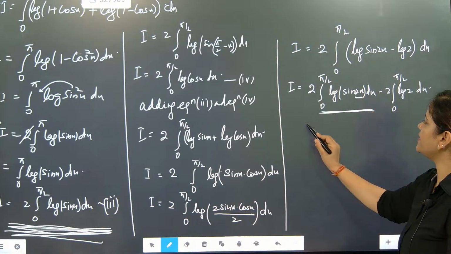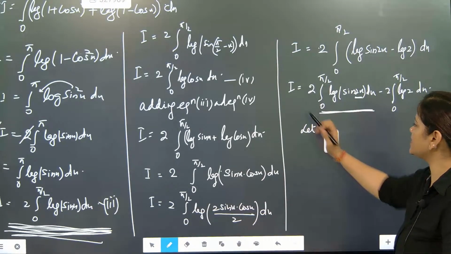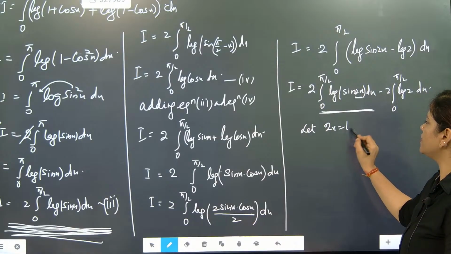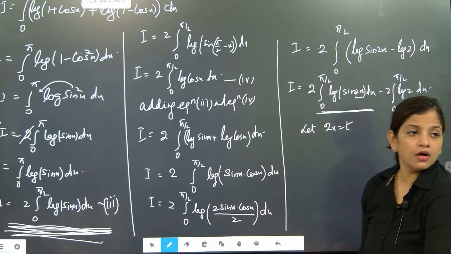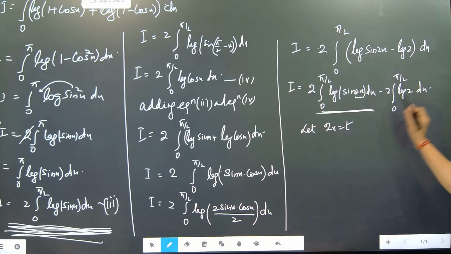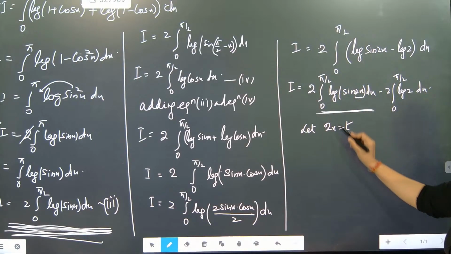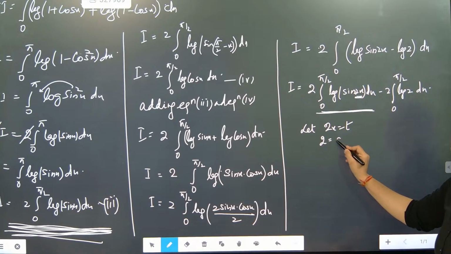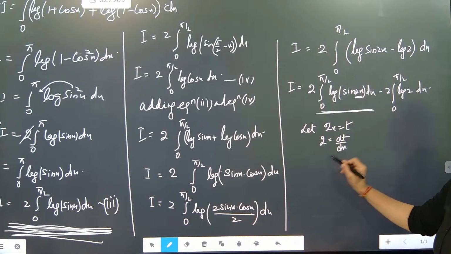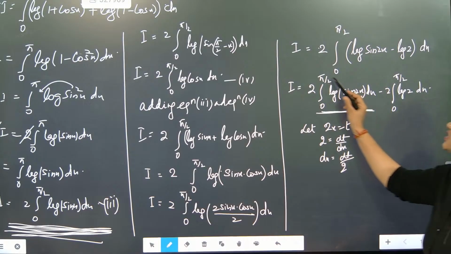So when you write, let sin 2x is equal to t. I'm only solving this question. This part, don't touch. Only till here it came. Now solve this section. So what are we doing? 2x only is equal to t. So differentiation of 2x will become 2 dt by dx. So dx is equal to dt by 2. Done. Now beta, what is the next part?